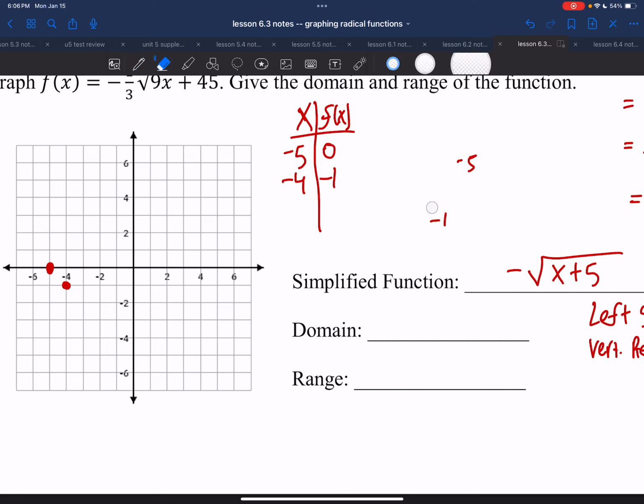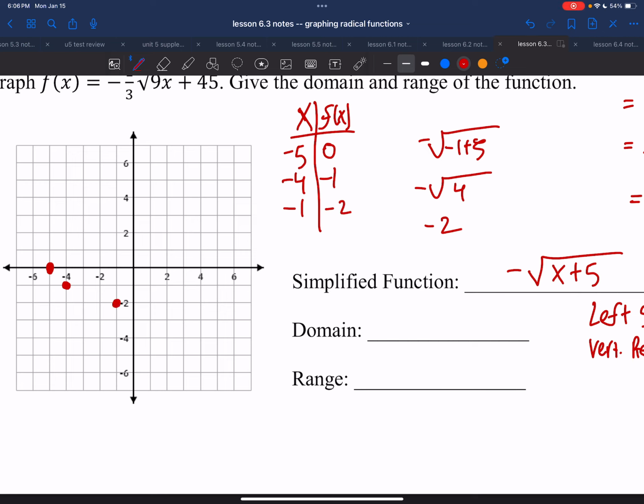Another creative number. Can I make a 4? I could if I plug in negative 1, right? The negative square root of negative 1 plus 5, that's the negative square root of 4. The square root of 4 is 2, so that's negative 2. So I plug in negative 1, I get negative 2. Nice. Can we get one more? I think we could. We could get a 9.